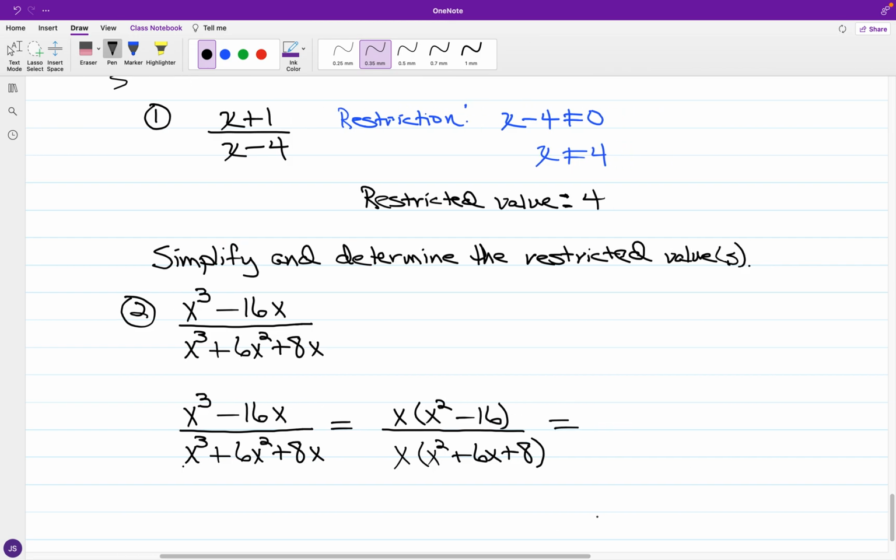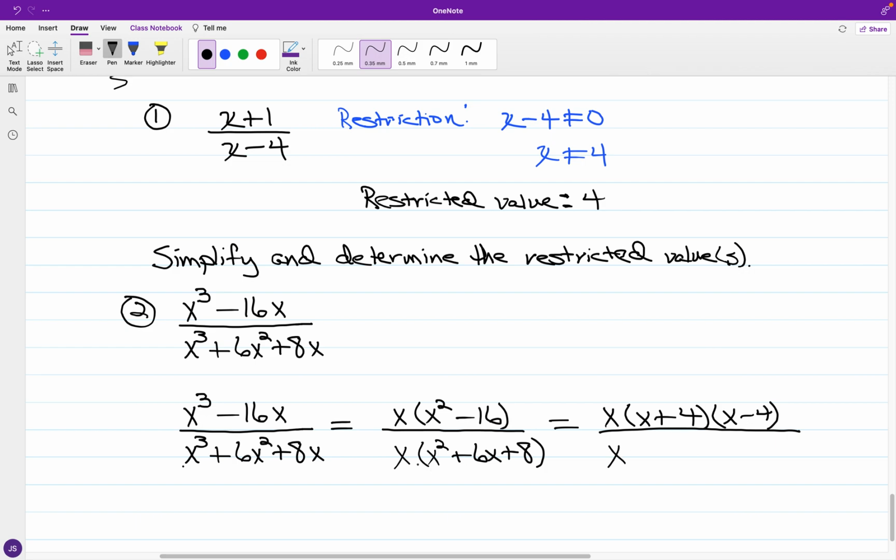Looking at the complete factorization, for x cubed minus 16x you have x times the quantity x squared minus 16, which goes to x plus 4 and x minus 4.